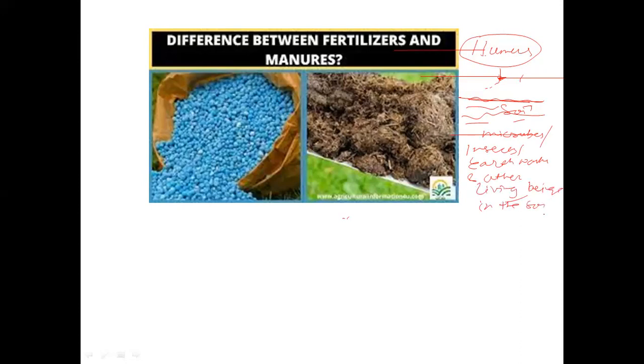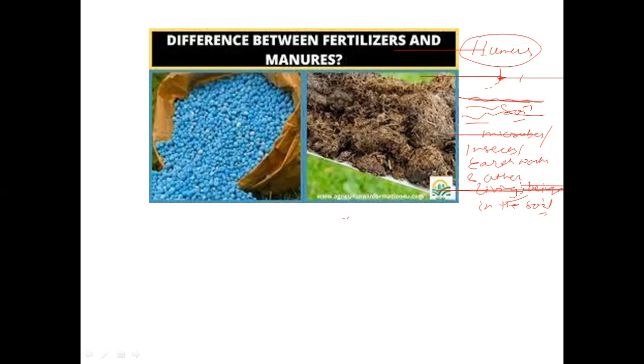So living beings like insects, earthworms, and any microorganisms that live inside the soil, they are collectively called humus.